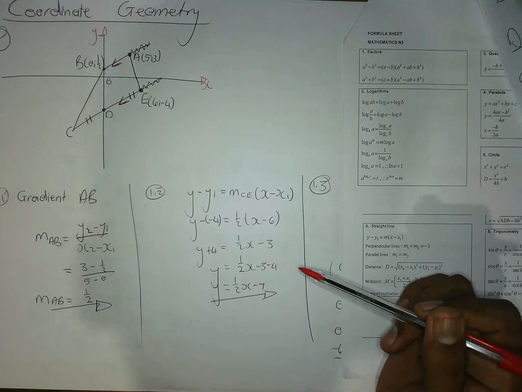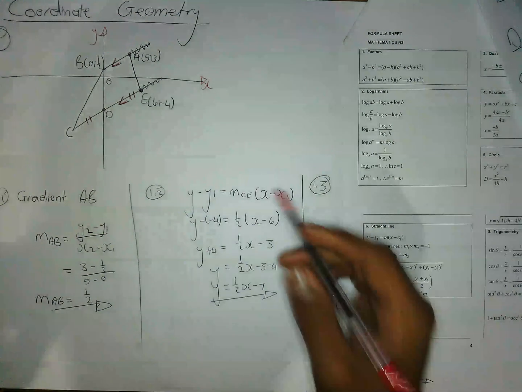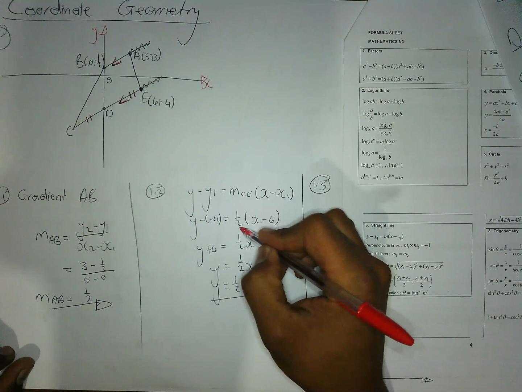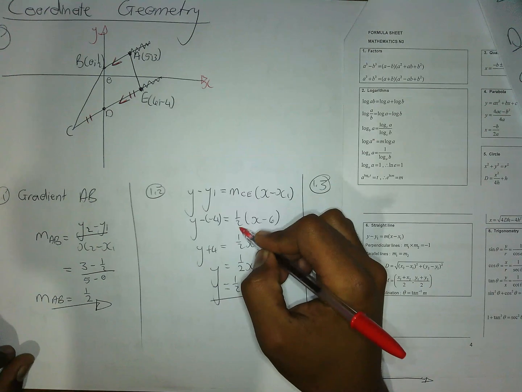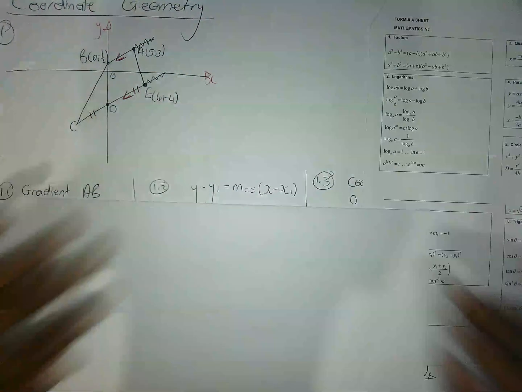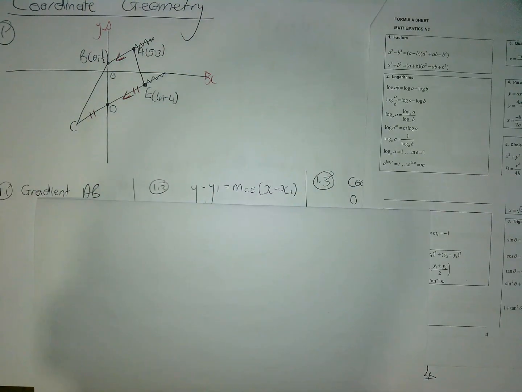So the next thing is, we have our gradient. It's a half. Then okay, we're going to start here. So here's our formula. We write down. The first thing you do is you select the correct gradient. Know which gradient you're working with, and we're working with the gradient m of CE.